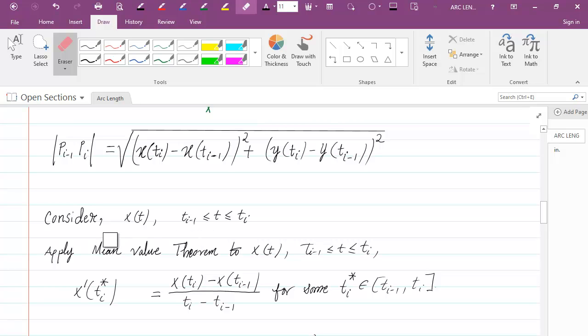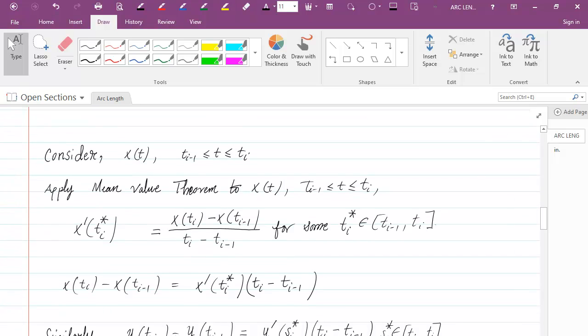So by the mean value theorem applied to the function x(t) on the interval from t_{i-1} to t_i, we can say that for some t_i star in this interval, x'(t_i star) is equal to (x(t_i) - x(t_{i-1})) over (t_i - t_{i-1}).